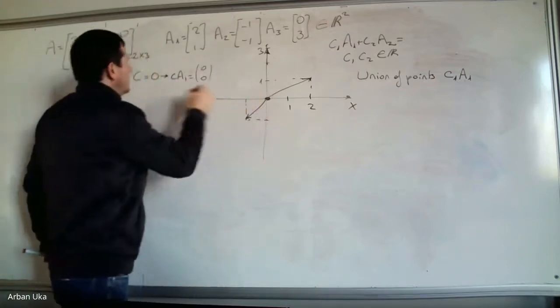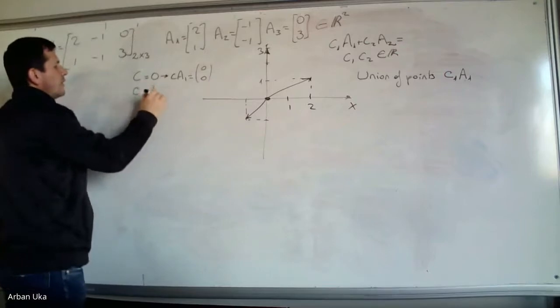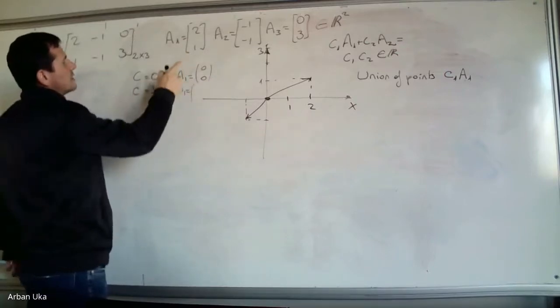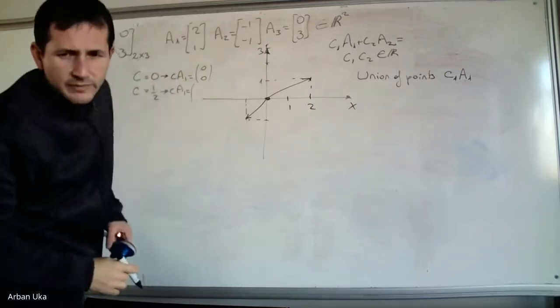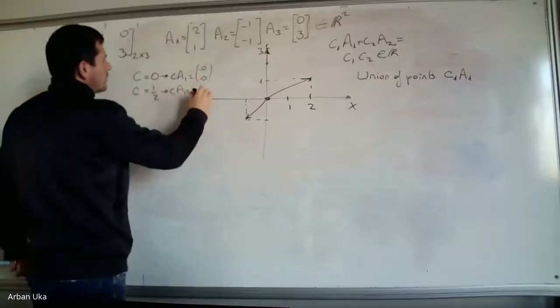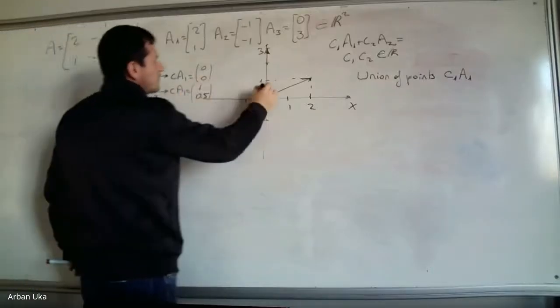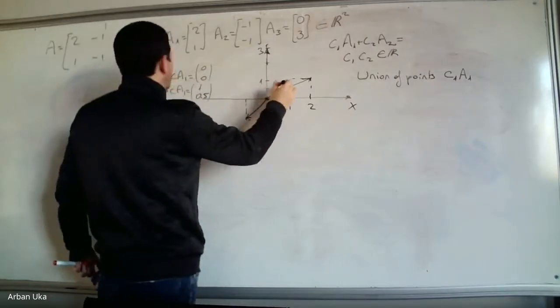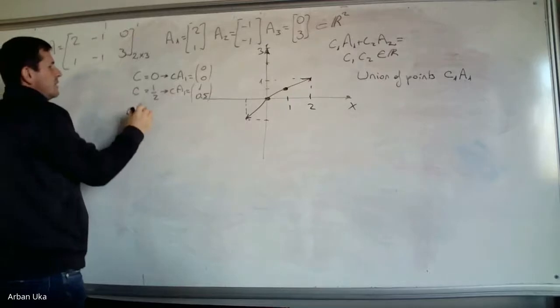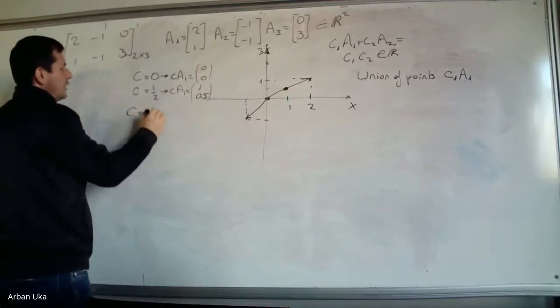Then if C is equal to 1 over 2, then C A1 is equal to, what is it? Joey, what are you going to get here? 1 over 2. That's right, (1, 0.5). So we get this point here. We have the 0, we have this, and then C can be 1.